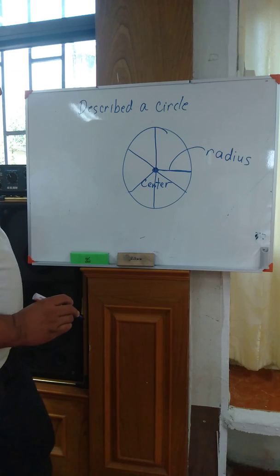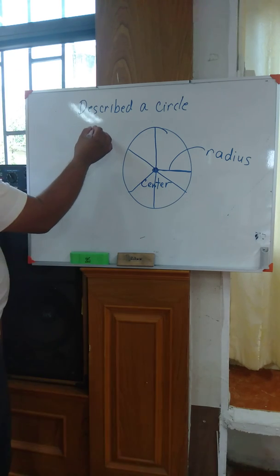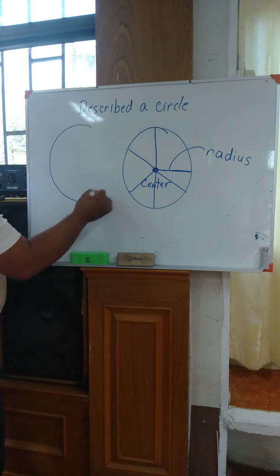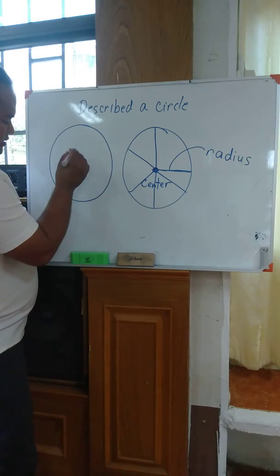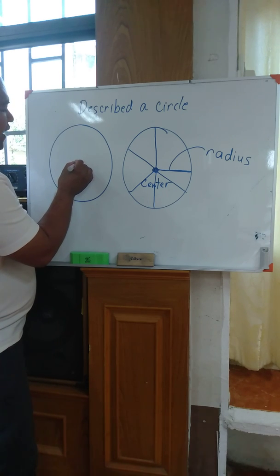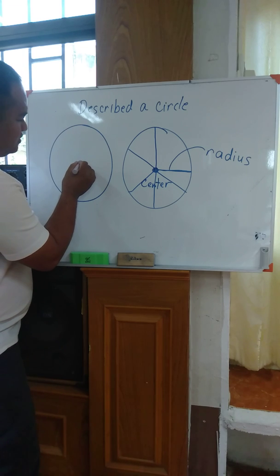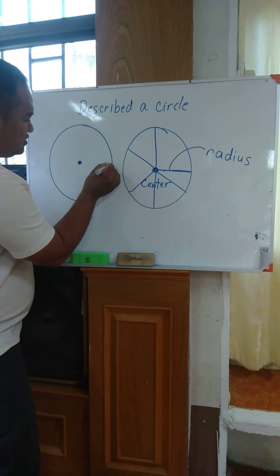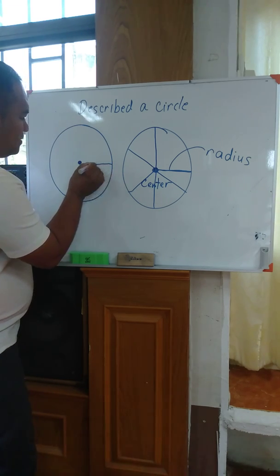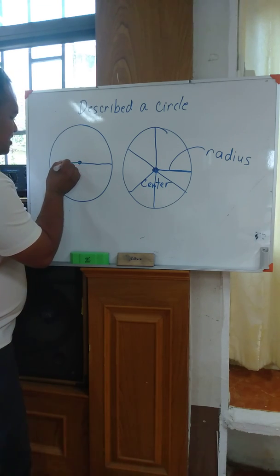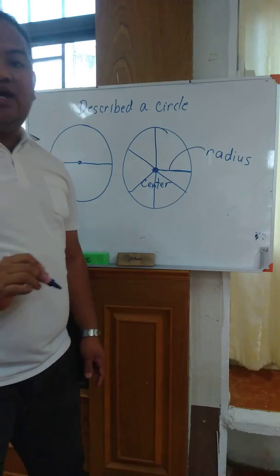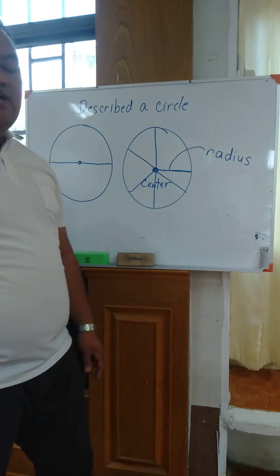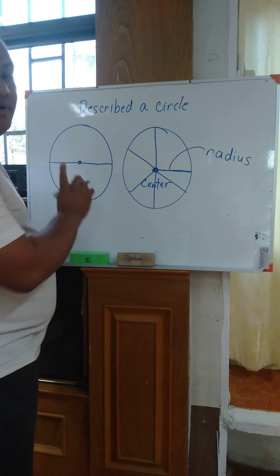But when a line, okay, so let's draw another circle. When the line passes from the edge of a circle through the center going to the other side or to the other edge of a circle, that is no longer radius.